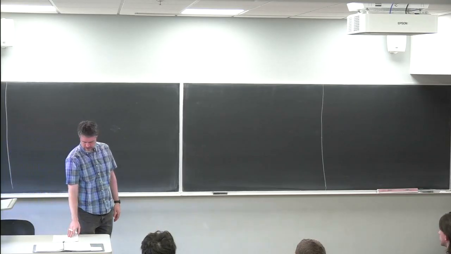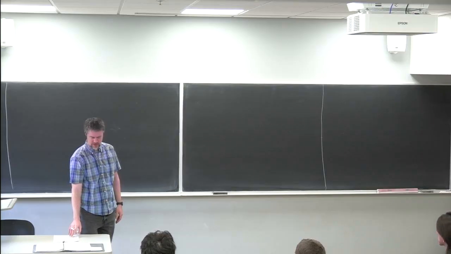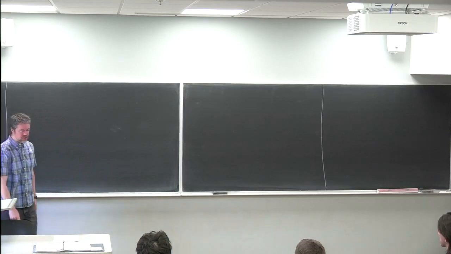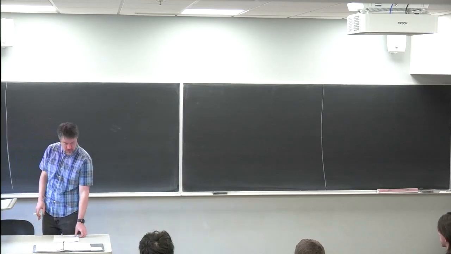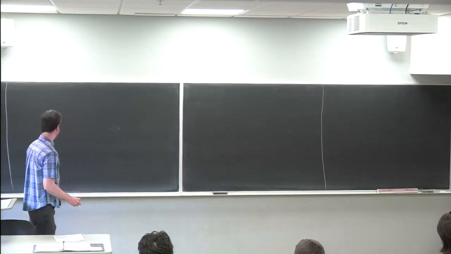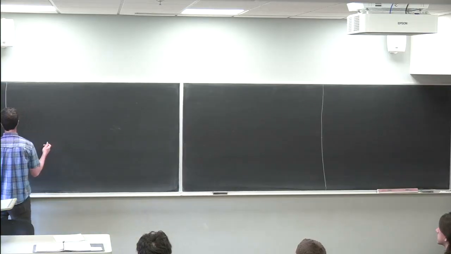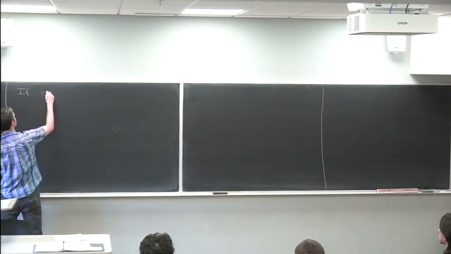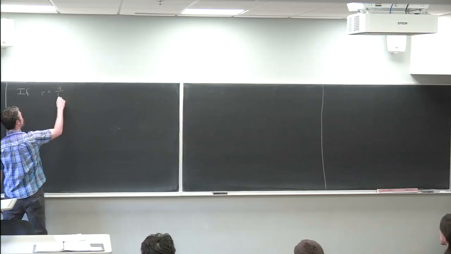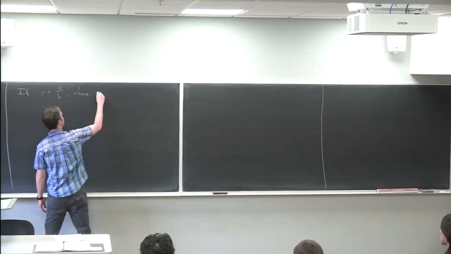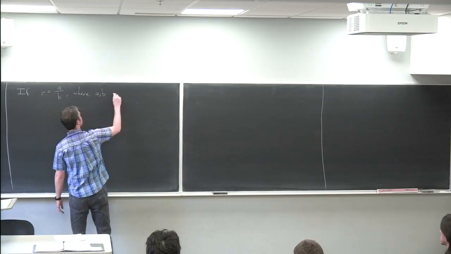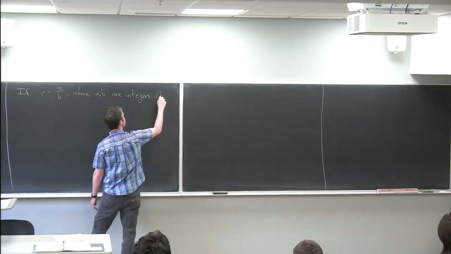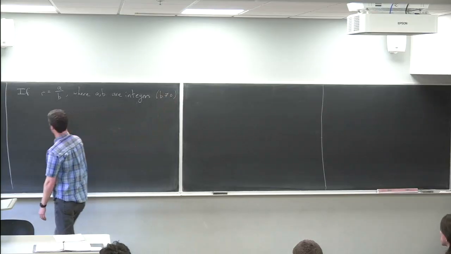Last time, the last thing we started mentioning was we're going to talk a little bit about rational and irrational numbers and give a couple irrationality proofs using some things we learned. So just a reminder, if you can write a number r in the form a over b, where a, b are integers, and of course b should not be 0 in this expression, then r is called rational.